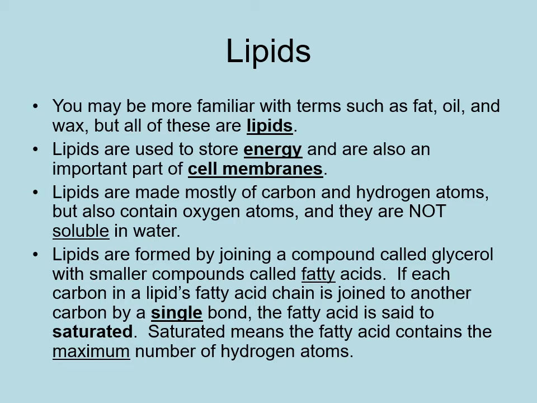Each carbon is held together by a single bond, and this is called a saturated fat. If there's a double bond in there, it is unsaturated because it can't be saturated with hydrogens, unlike a saturated fat.